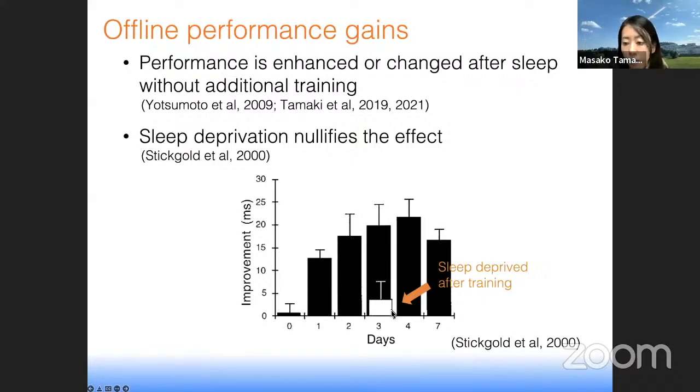And this white bar shows performance change when participants were deprived of sleep on the night of the training. As you can see, even after 2 nights of recovery sleep, the effect of learning is diminished if participants were deprived of sleep after training. So this shows that there's an important time window for sleep to occur after learning.